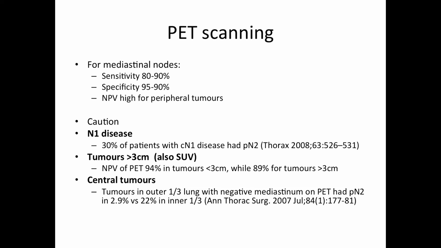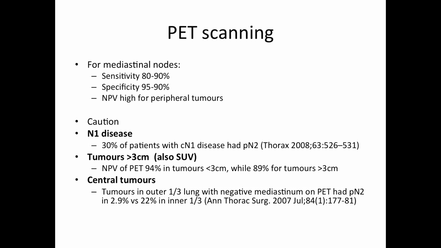A few things just to caution. A number of patients who may have N1 disease on their PET scan will also have pathological N2, even though the scans may not show any obvious lesion. For tumors that are slightly bigger, or indeed tumors that have a high SUV, the negative predictive value is slightly lower. So we need to keep that in mind.